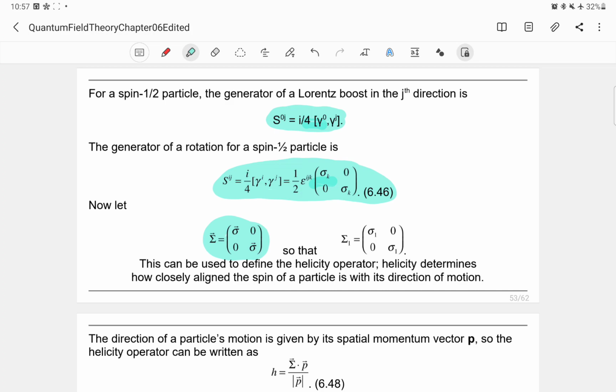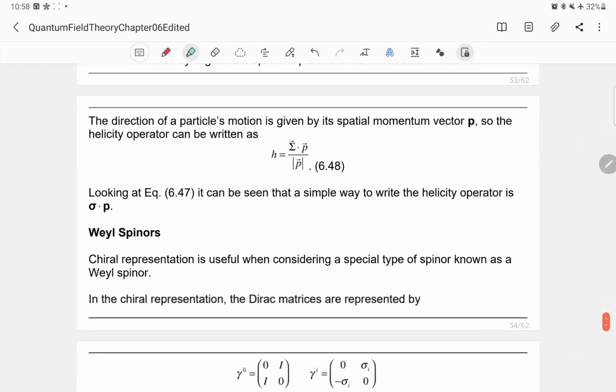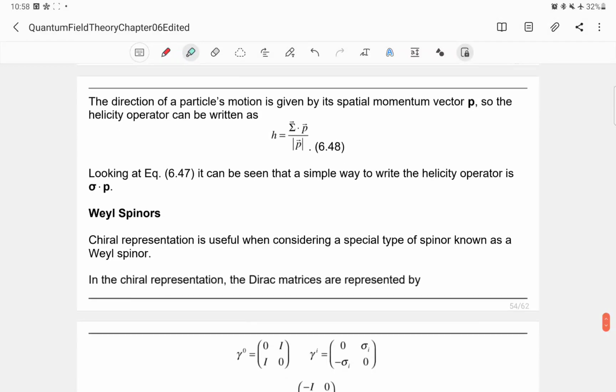I mean, helicity determines how closely aligned the spin of a particle is with its direction of motion. The direction of a particle's motion is given by its spatial momentum vector p.